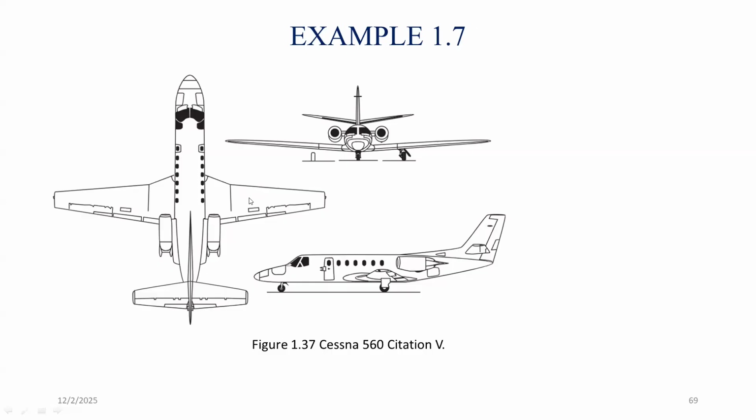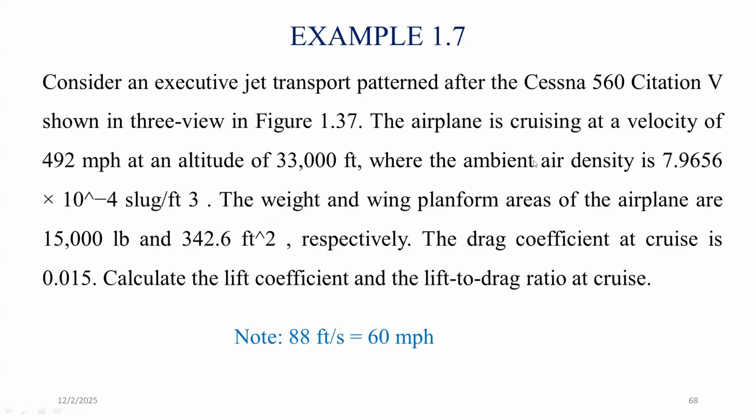For that, the airplane is cruising at a velocity of 492 miles per hour at an altitude of 33,000 feet, where the ambient density is 7.9656 times 10 raised to minus 4 slug per feet cube. The weight and the wing planform area of the airplane are given.